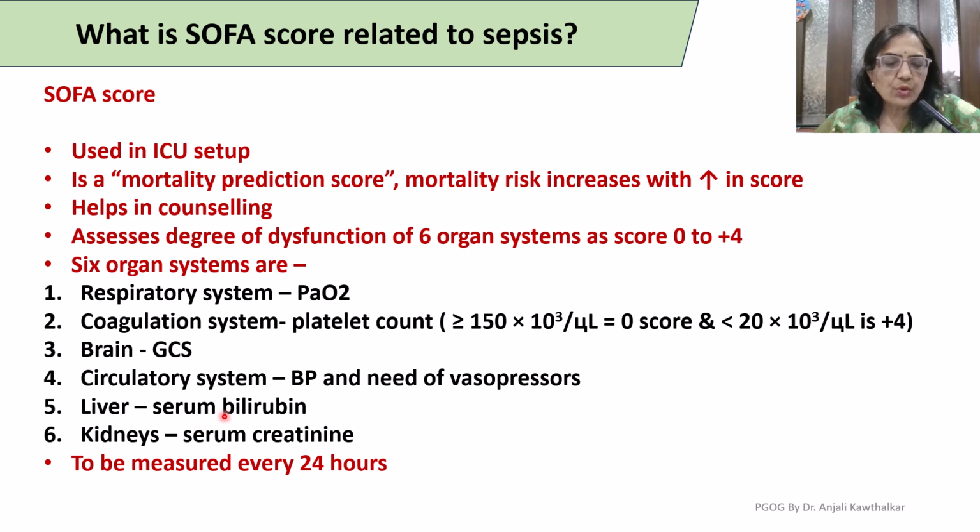This SOFA score should be measured on admission to the ICU first, and then every 24 hours, so that it tells us whether the patient's condition is improving or worsening, and mainly it helps for mortality prediction. The greater the score, the more the risk of mortality.